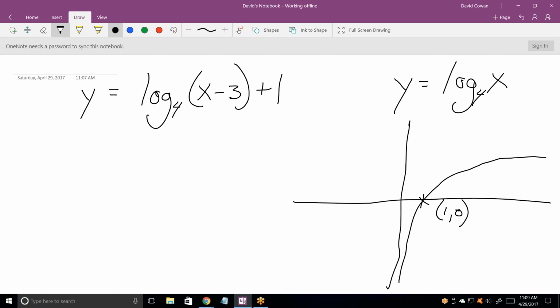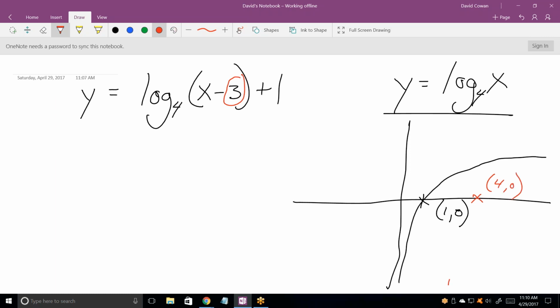Okay? So, now, if that's our parent function, we've got two different things that are transforming it. Let's go left to right. What does this 3 do? It moves it to the right 3 units. Okay, so I'm going to take that point that I know, and I'm going to move it over here. What's the coordinates on that point? 4, 0.